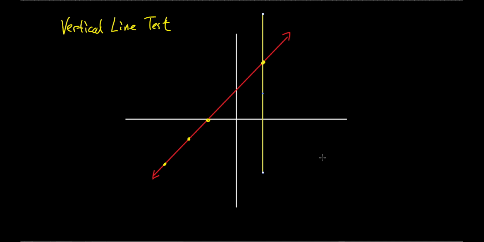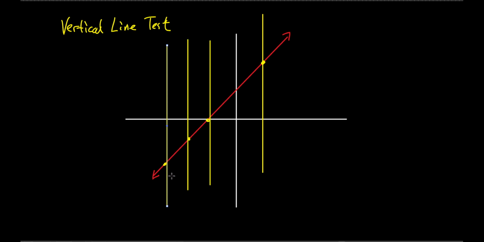If it only hits at one point, then it's a function. Well, it only hits 1 point on that graph, only hits 1 point right there. Any time you draw a vertical line through that red line, you can only hit the graph at one point.